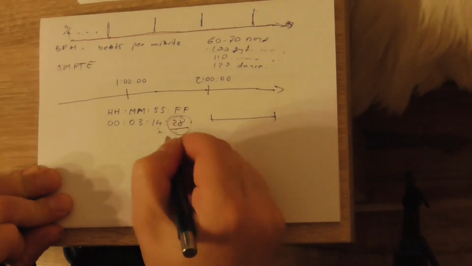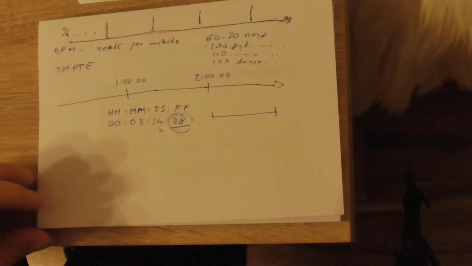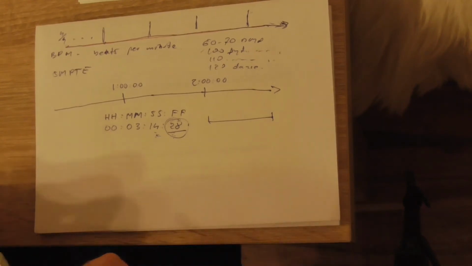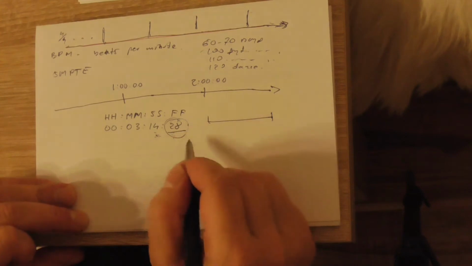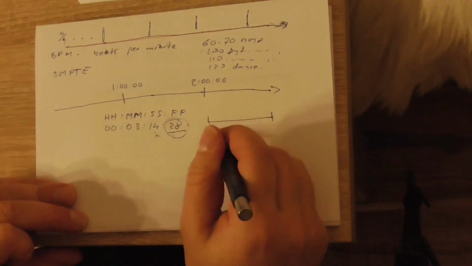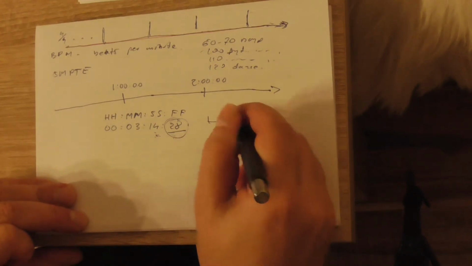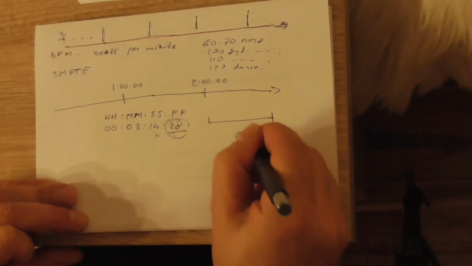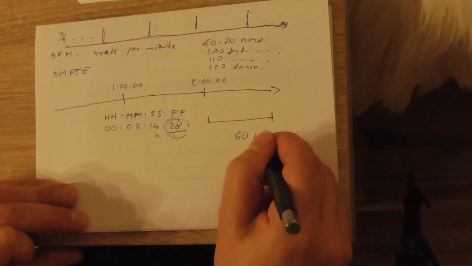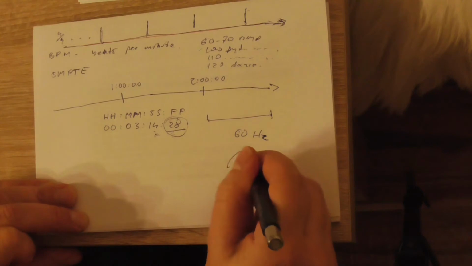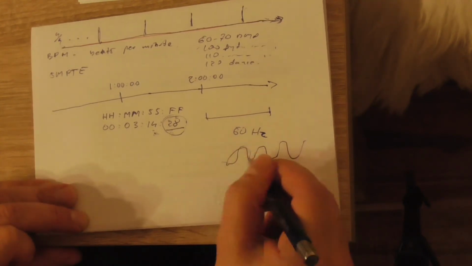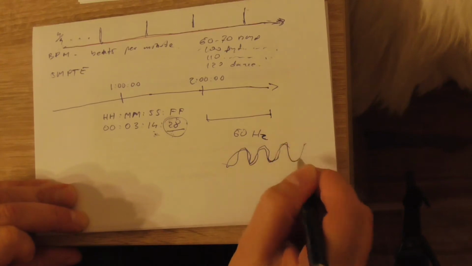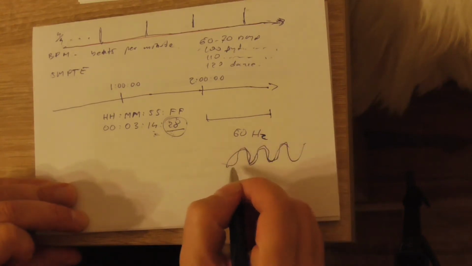It's connected with the television format. In the United States, where Tascam comes from, the power is 60 hertz, so the voltage changes 60 times a second, plus and minus.